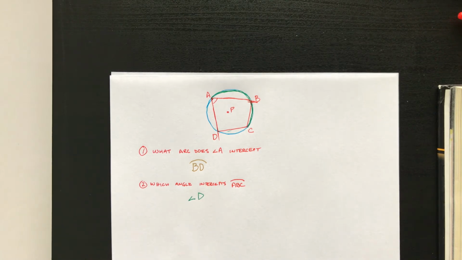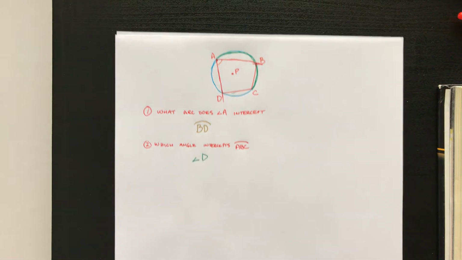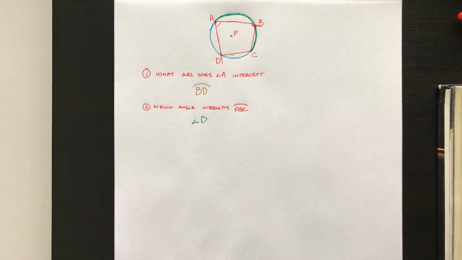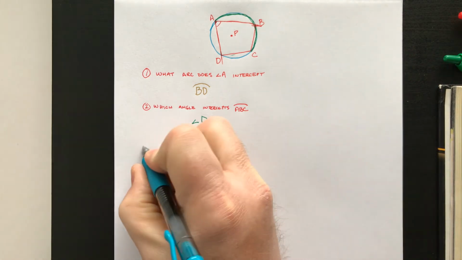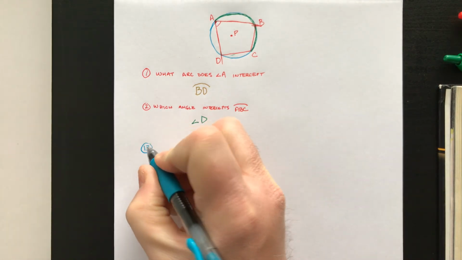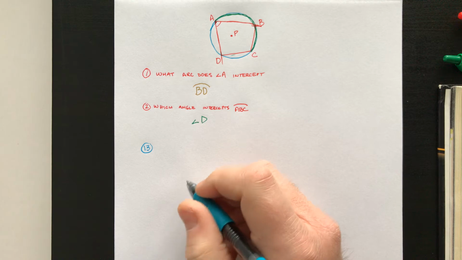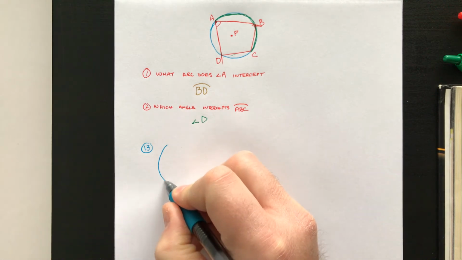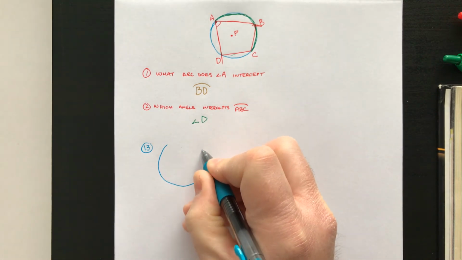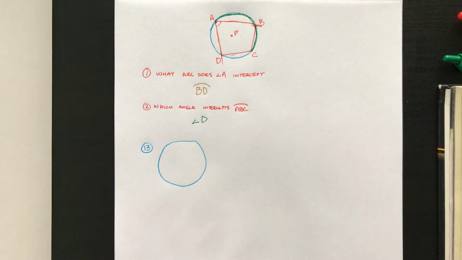Now, I want to take a look at just 2 more problems. I want to do problem number 13 on the same page, 784. I'm going to see if I can draw this circle. Not too bad.